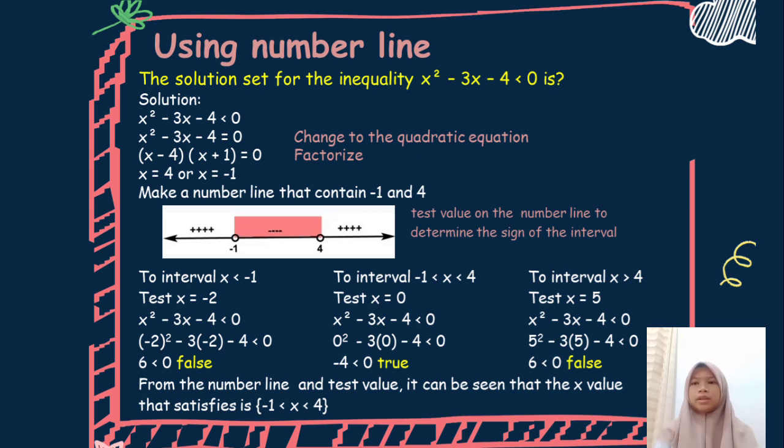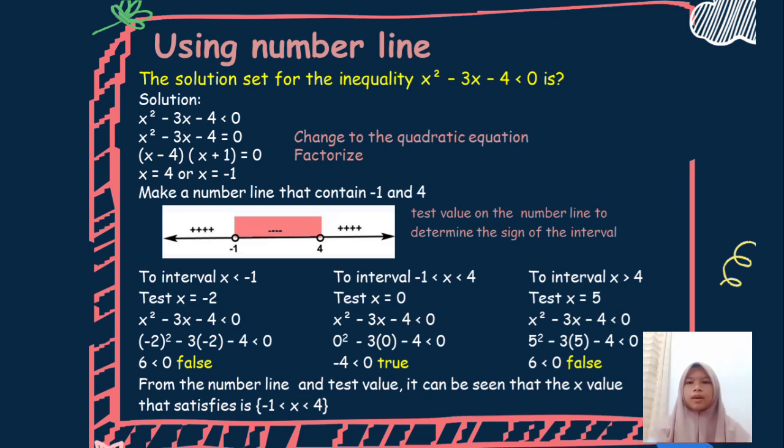Is it true? Then the interval x is more than 4. Test x equals 5. Substitute 5 into the quadratic inequality, x squared minus 3x minus 4 is less than 0. So we get 5 squared minus 3 times 5 minus 4 is less than 0. So we get 6 is less than 0.